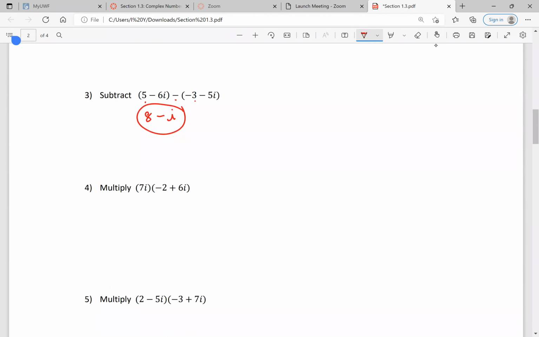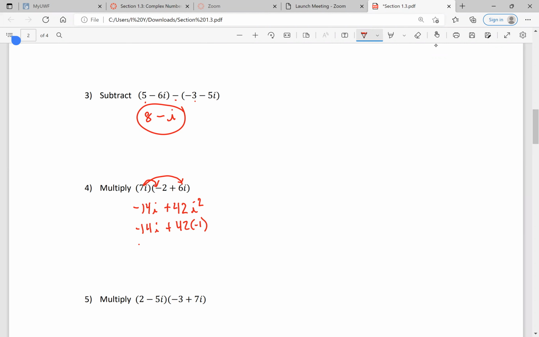So next we look at multiplication. Again, same as with regular numbers, distribute. So I have 7i times -2, which is -14i. Then I have 7i times 6i, which is plus 42i squared. Now remember, i squared is -1.